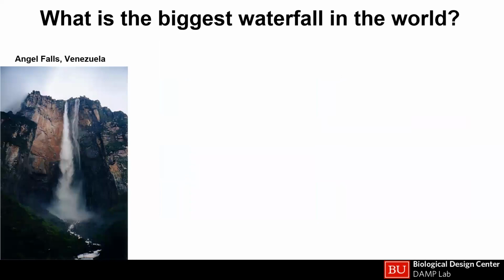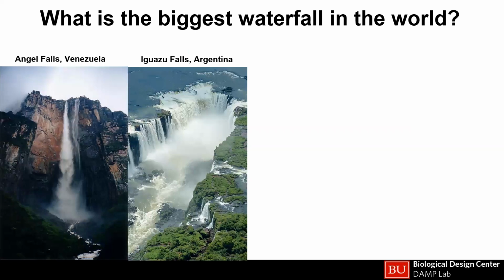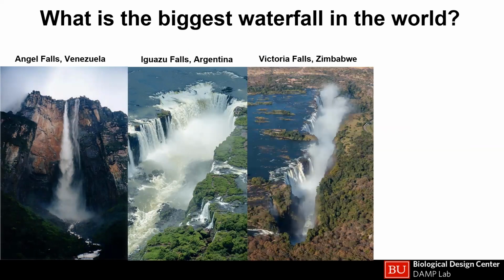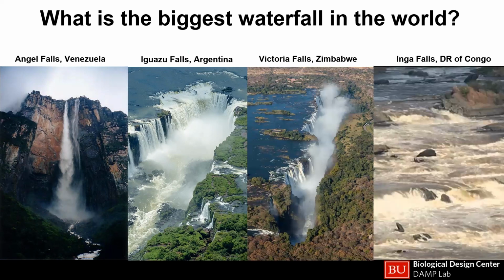So is it Angel Falls, Venezuela? That looks pretty big. Is it Iguazu Falls, Argentina? Well, that looks pretty big. Victoria Falls or Inga Falls in the Democratic Republic of Congo? And kind of the answer is yes. These are the highest, the widest, the largest surface area of falling water and the highest volume of water flow rate.